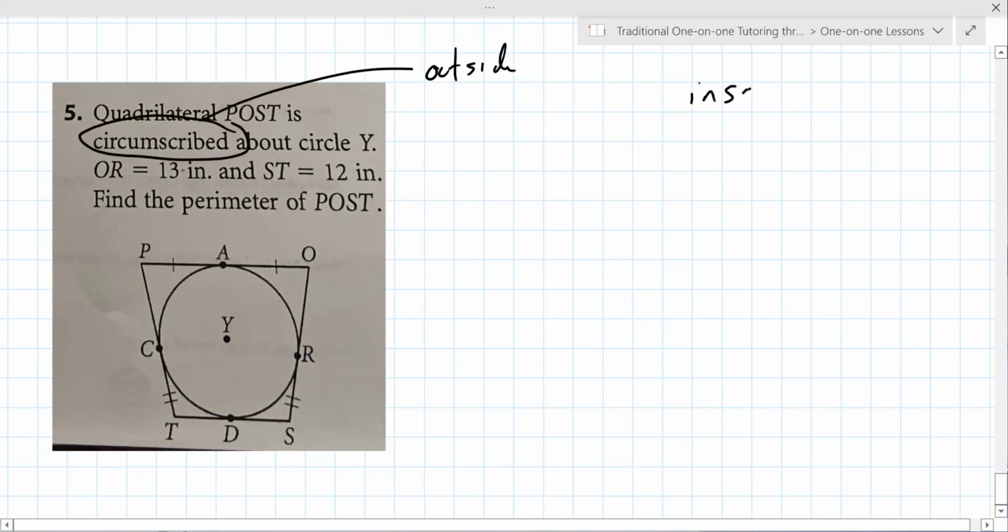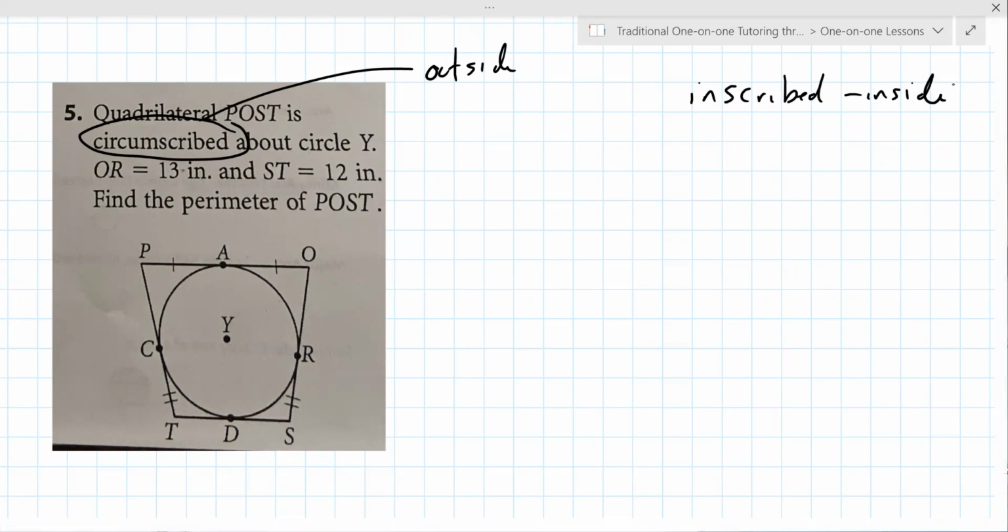The other one you might see is inscribed, which is inside. You've said a few times, up near the test, we've done some vocabulary. It might be good to get started earlier on making your vocabulary lists for the chapter. So you need a little more information to do this.